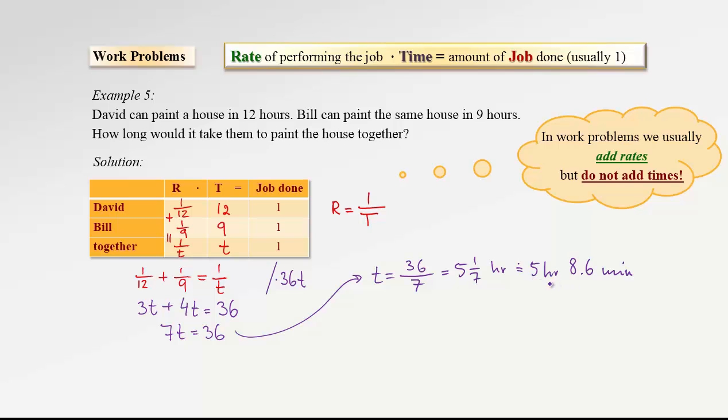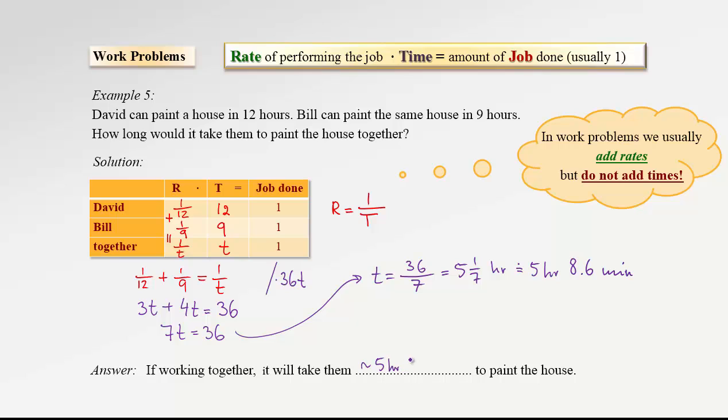That's pretty exact anyway: 5 hours and a little bit more than 8 minutes. Let's round it to 5 hours 9 minutes. So we can give the final answer. If working together, it will take them approximately 5 hours and, let's say, 9 minutes to paint the house.